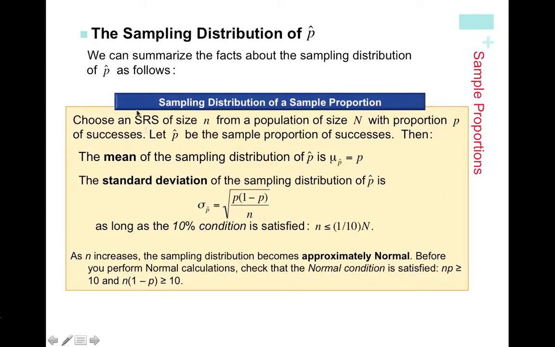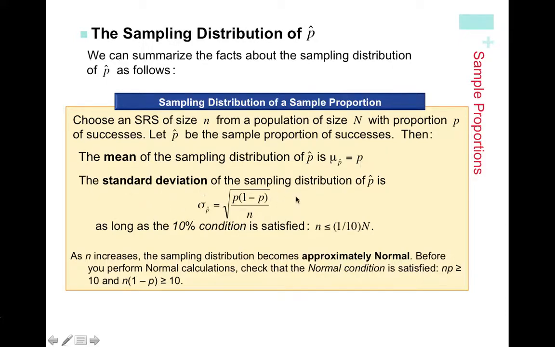If we're choosing a simple random sample of size n from a population of size capital N with proportion p of successes, let p hat be the sample proportion of successes. Then the mean of that sampling distribution, mu sub p hat, is p.